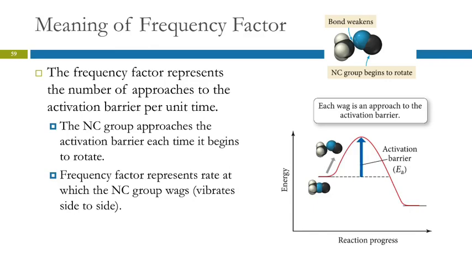So the frequency factor is how fast that bond wags, goes back and forth. So it's turning out and it's turning back, and it's turning out and it's turning back. And every time it begins to wag out, it has the potential, it's approaching the barrier. If it has enough energy, it'll go over and finish the reaction. If there's not enough energy, it'll wag back. Does that make sense? This is weird.